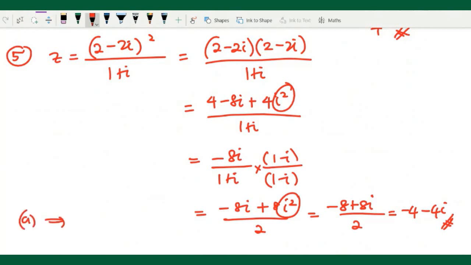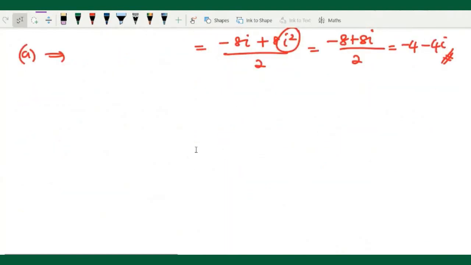Okay. For question B, find the modulus and the argument. Okay, continue from here. So A, z equals to negative 4 minus 4i. B, find the modulus and the argument.